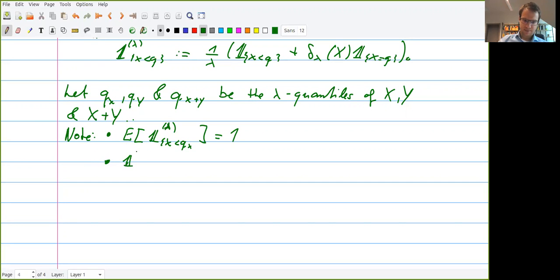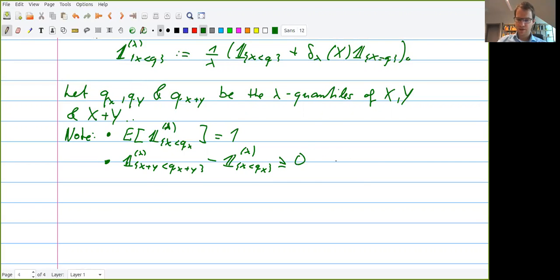If I look at this lambda function with the condition to the set, minus, so these identities here follow right away from the definition.